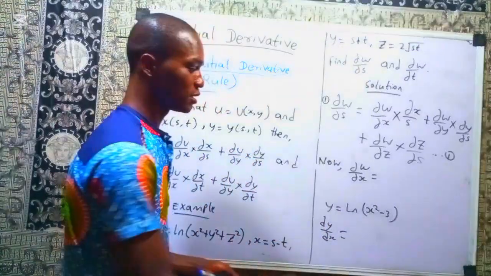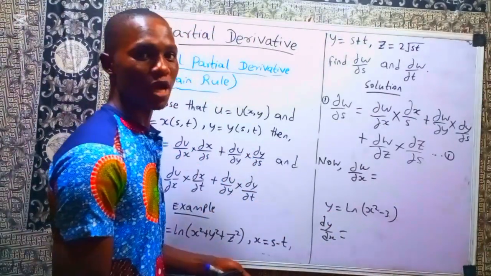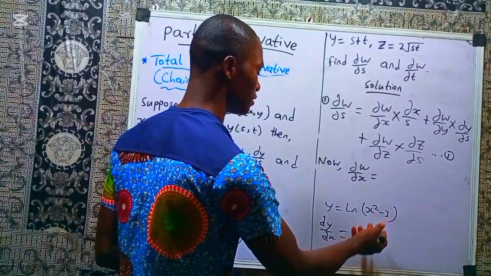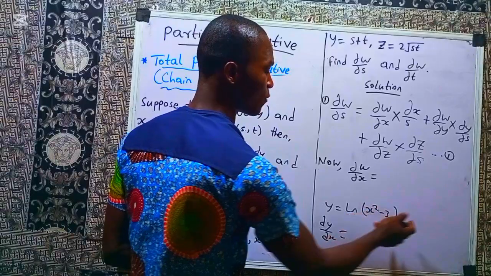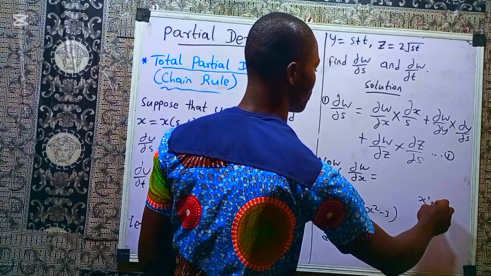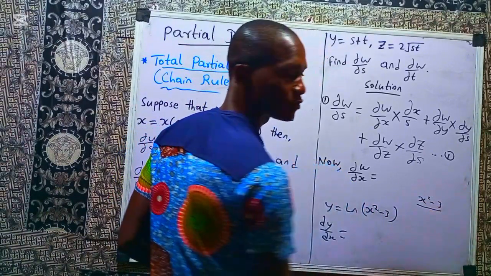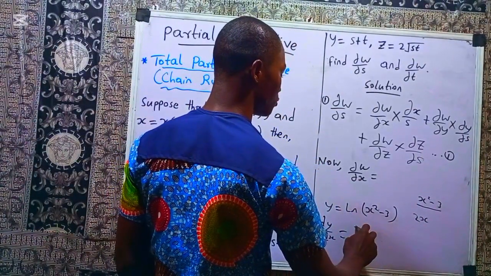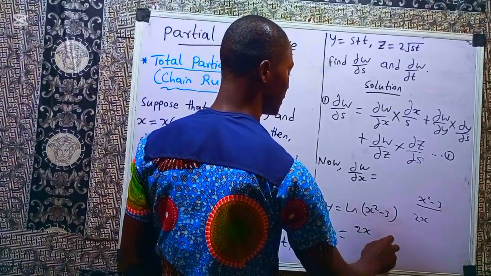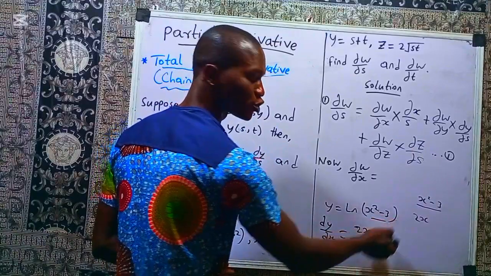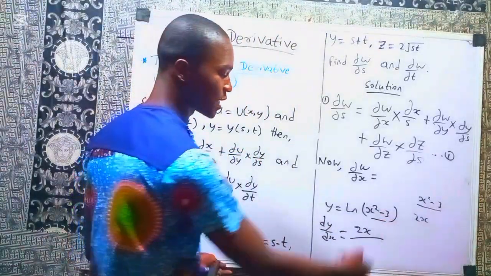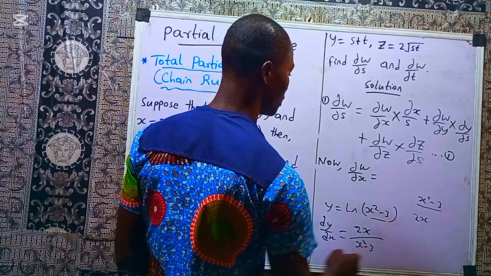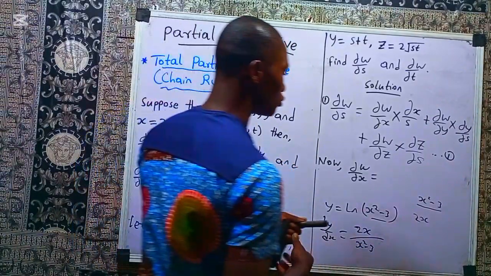If you want to differentiate ln or log, you differentiate what is inside. What is inside is x squared minus 3. If you differentiate this with respect to x, what will you get? 2x. So that answer you write as 2x divided by the whole of the function you have inside the log. What is the whole of the function? x squared minus 3.